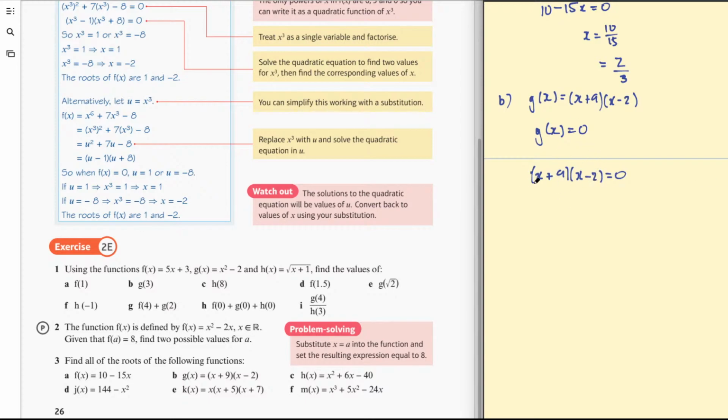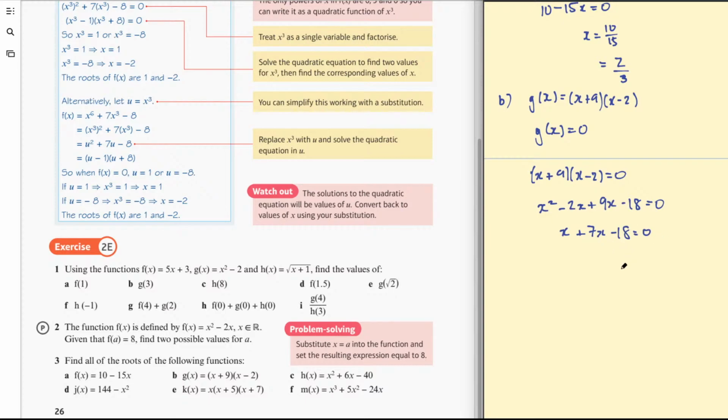So expanding these out, we get x squared, take 2x plus 9x, negative 2 times 9 is negative 18, and then x squared plus 7x, take 18, and then we can try to factorize.